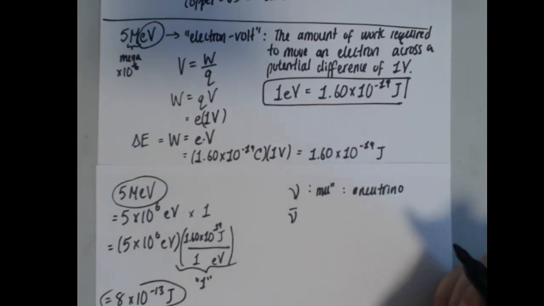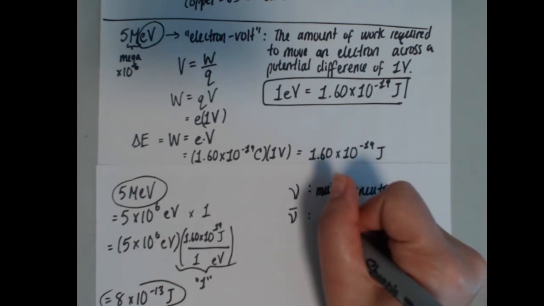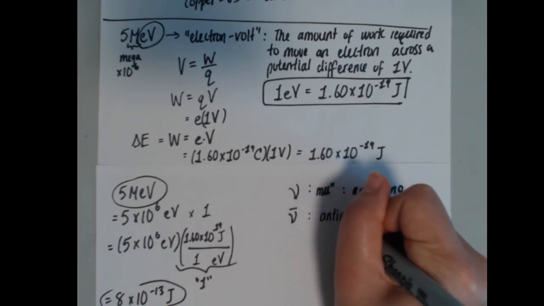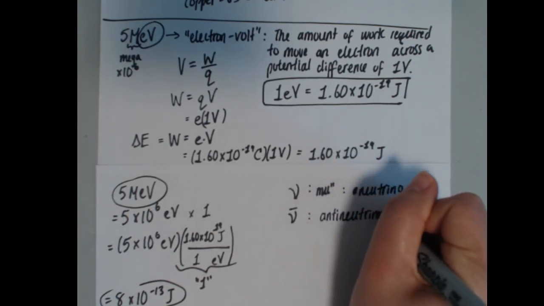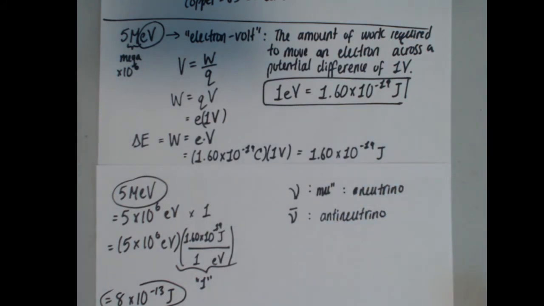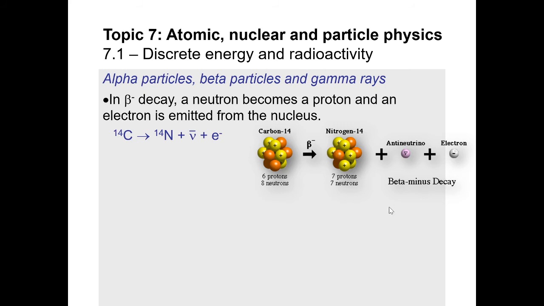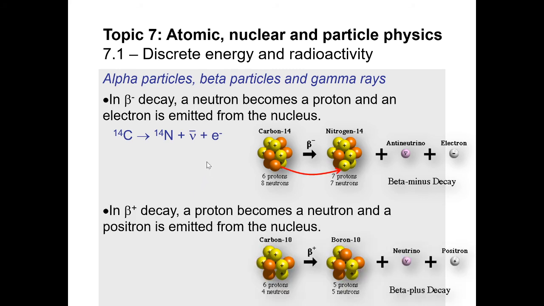And then when you put a horizontal line on top, this is now for an antineutrino. So you're going to see where the neutrino comes up as well. The symbol for electron is a lowercase e with a minus sign. If you don't put the minus sign, it's not going to be considered an electron, and the equation will be wrong.